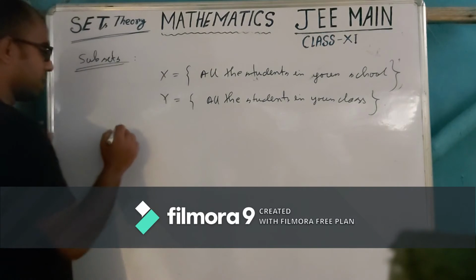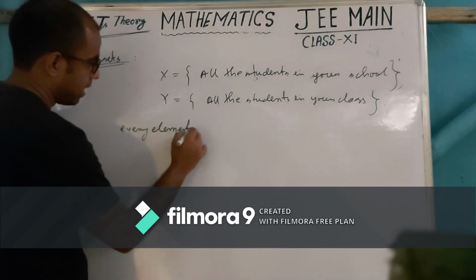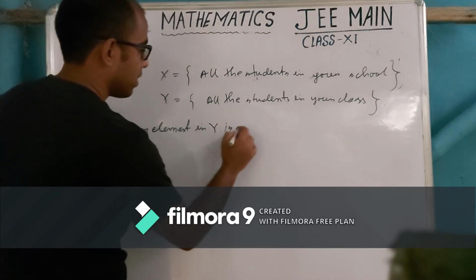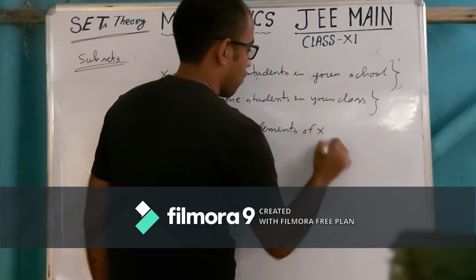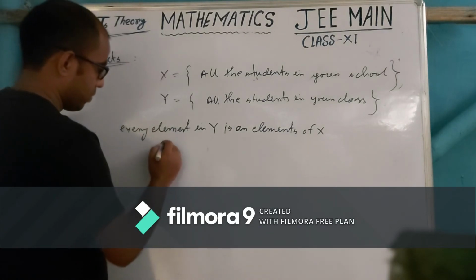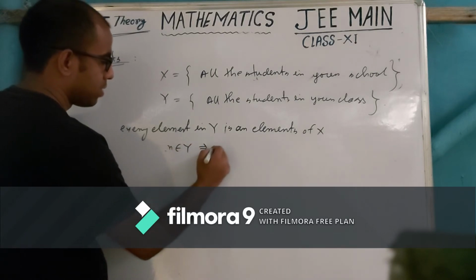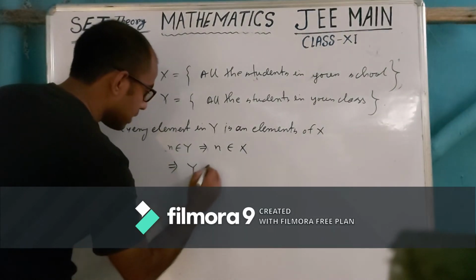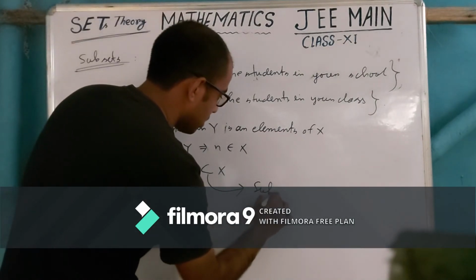So we say that every element in Y is an element of X. That means we can write symbolically: if n belongs to Y, it implies n belongs to X, and we denote this by a symbol used for subset.